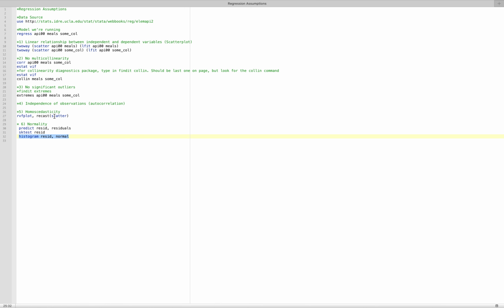Homoscedasticity is kind of important in other statistics. We'll talk about those as we go on. The normality assumption is not important for other statistical tests that we'll talk about, because here we're talking about the distribution of the errors, the residuals. You're not going to have a normal distribution where you're talking about categorical outcomes such as binary logistic regression, multinomial logistic regression, or ordinal regression.